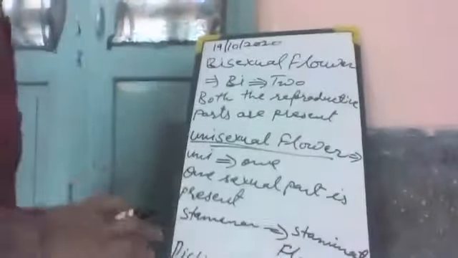Pollination is the process in which the pollen grains from the anthers are transferred to the stigma of a flower of the same species. What is pollination?